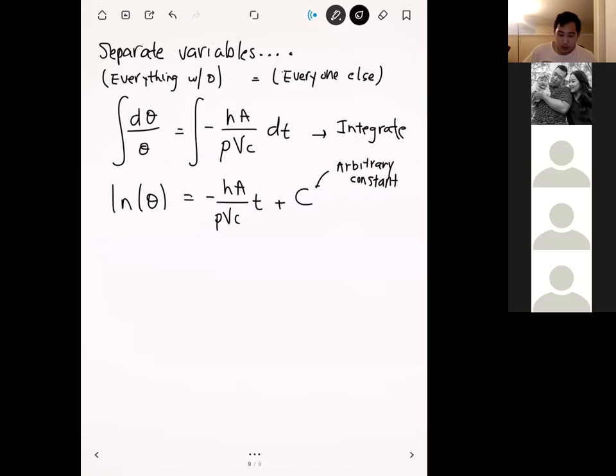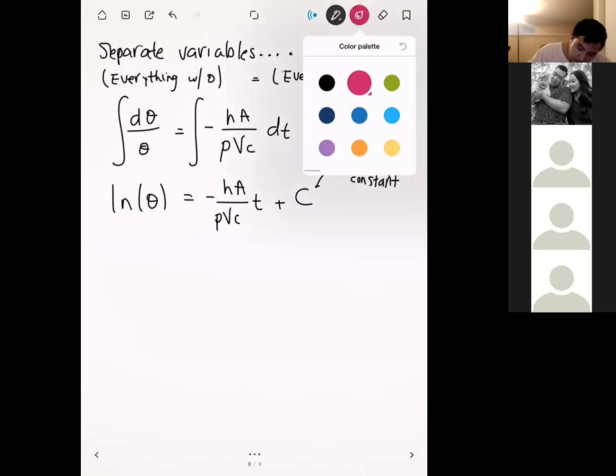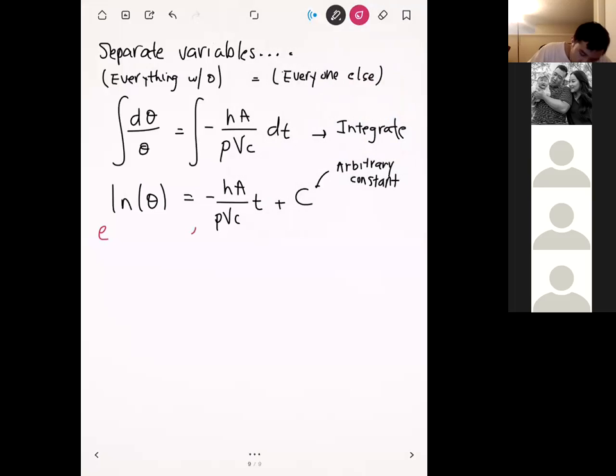What we can do from here, to get a function of theta, is exponentiate both sides. Raising e to both sides cancels the log on the left, and so we have theta of t.